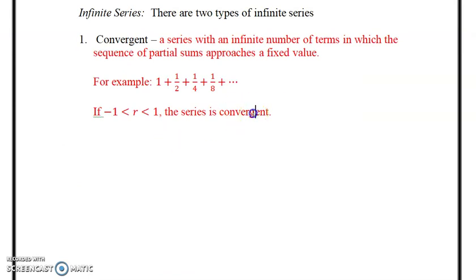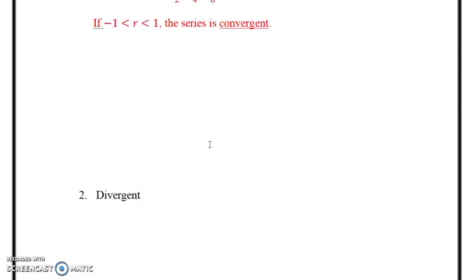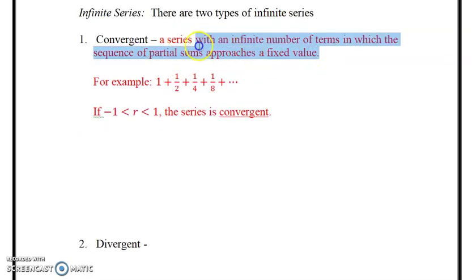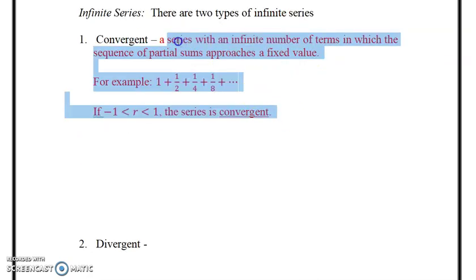And the second we have is called a divergent series.